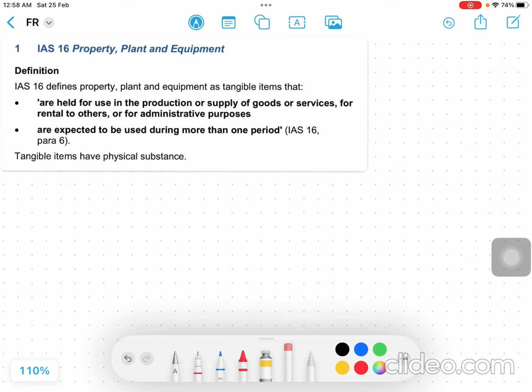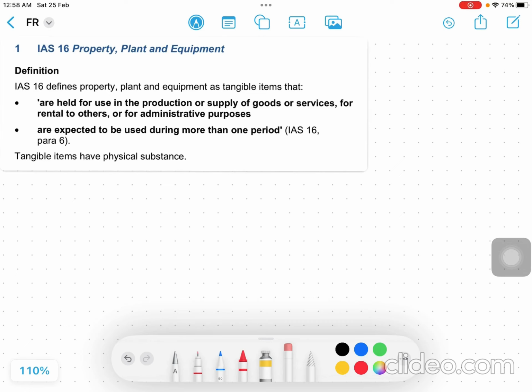To define an asset in property, plant and equipment, it should be used in production or supply of goods or services or for rental to others or for administrative purposes. And point number 2, these are expected to be used during more than one period.